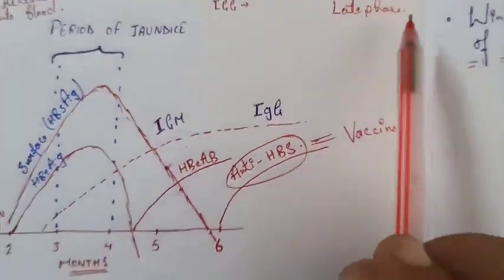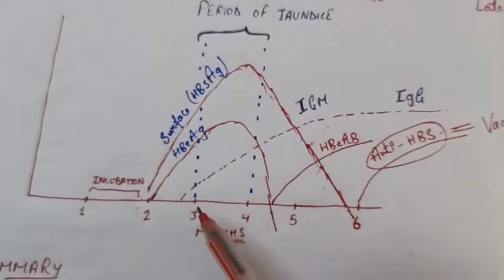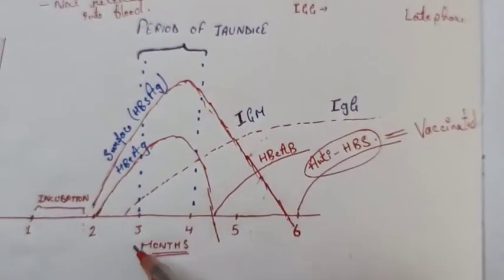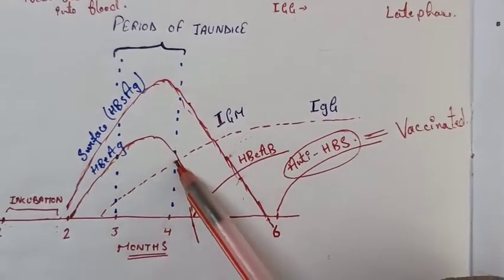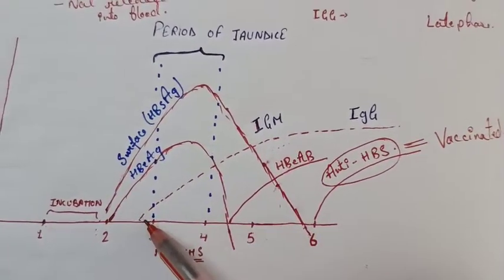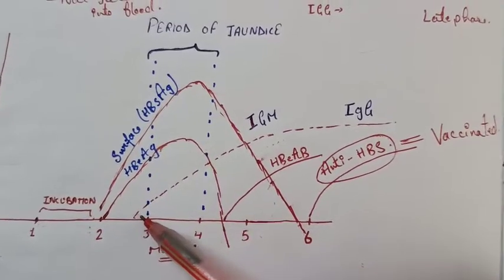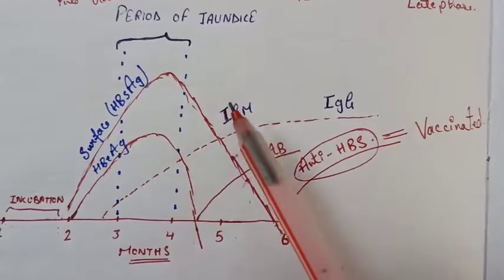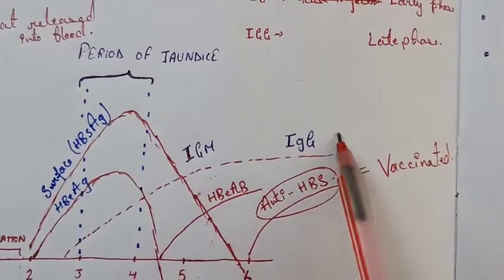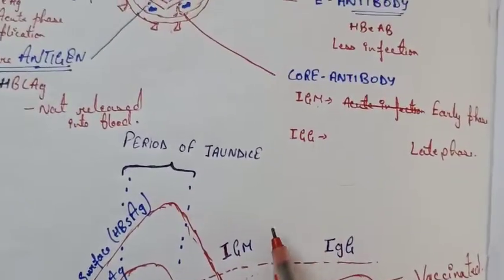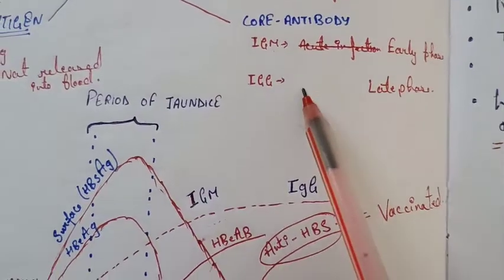So now let's see in graphical form when these appear. The core antibodies are the response to core antigen. These appear during the 3rd month in the form of IgM, and in the later phase it converts into IgG. So there are two types of core antibodies, IgM and IgG.